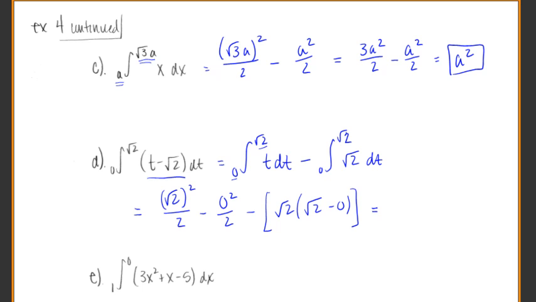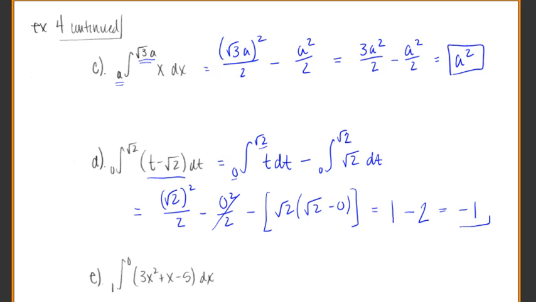Cleaning this up, the square root of 2 squared over 2 is just 2 over 2, which is 1, minus 0, that all goes away, and minus the square root of 2 times the square root of 2 is 2. So the overall answer would be negative 1.